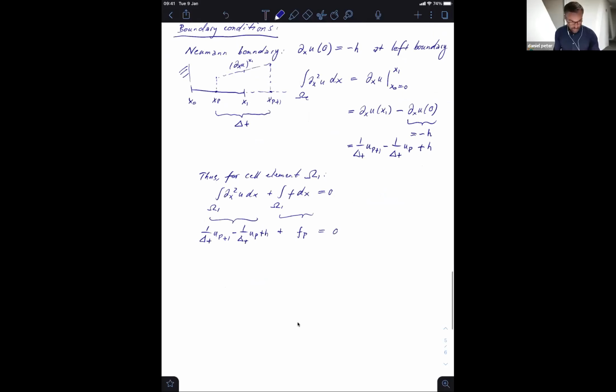So think of our matrix form. We would have a matrix form that looks something like that. 1 minus delta plus and 1 over delta plus positive and then 0.